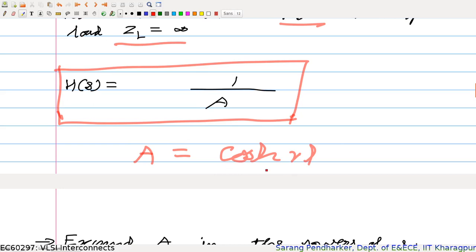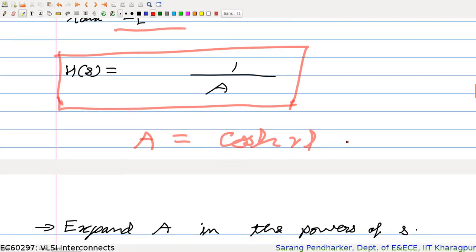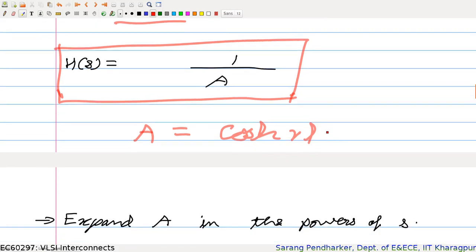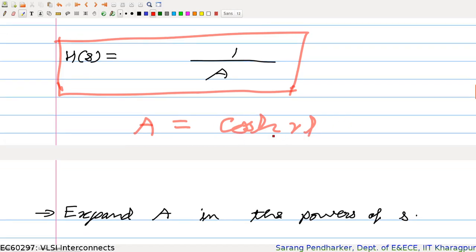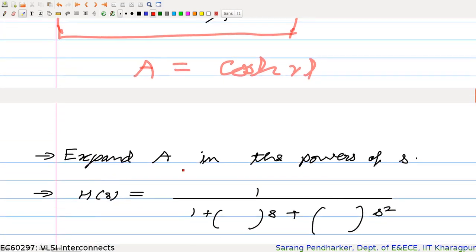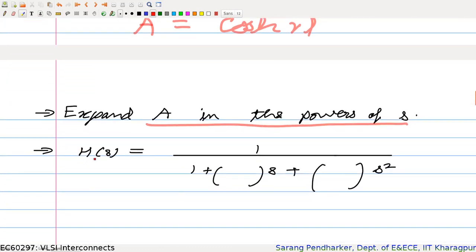We expand cosh(gamma L) using Taylor expansion, so we expand A in powers of s, and that will give us H(s) equal to 1 divided by 1 plus some coefficient into s plus some other coefficient into s square.